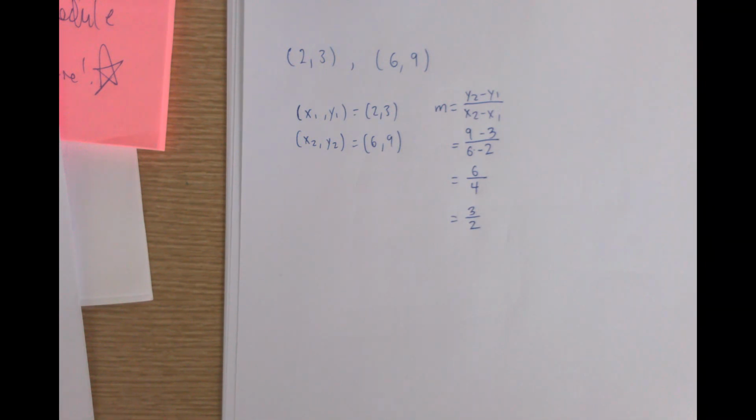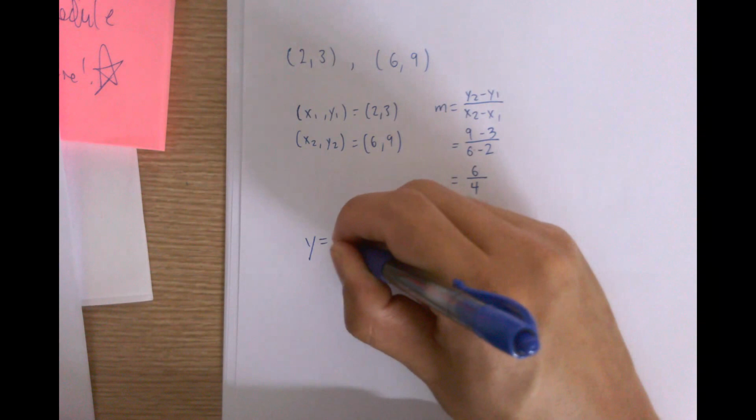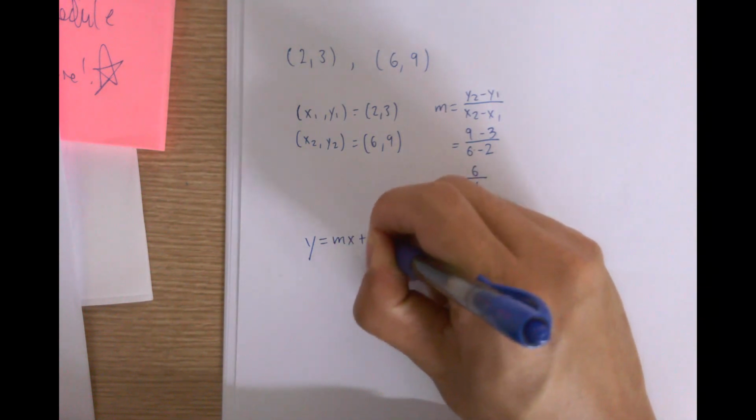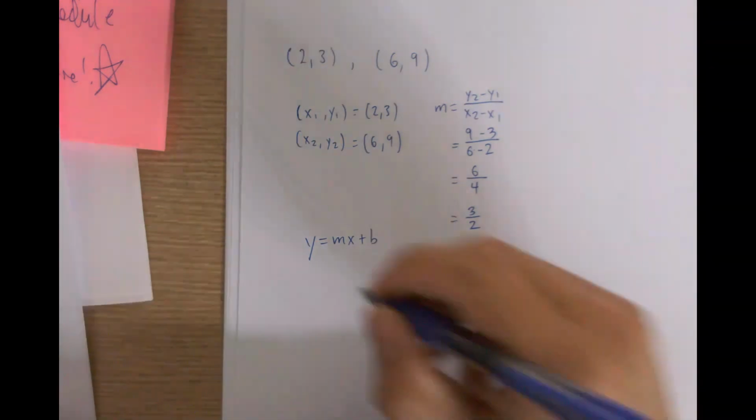So the first step is to solve for your slope given 2 points. The second step is to plug it back into your equation, which is y equals mx plus b. Your equation is y equals mx plus b. And then you want to plug in your slope.